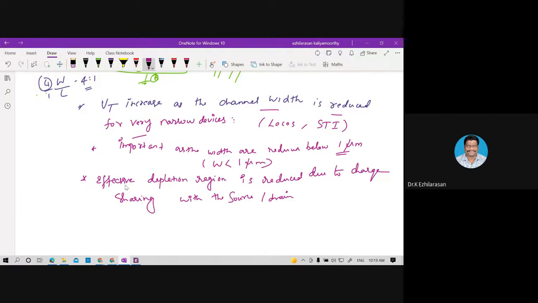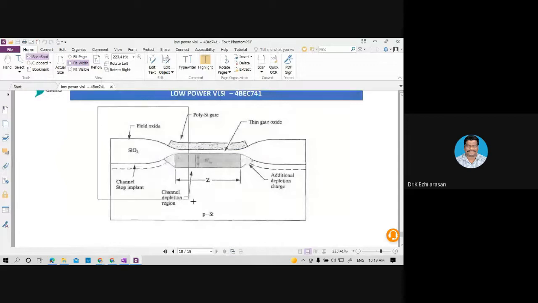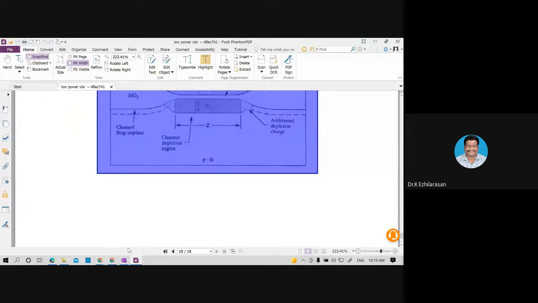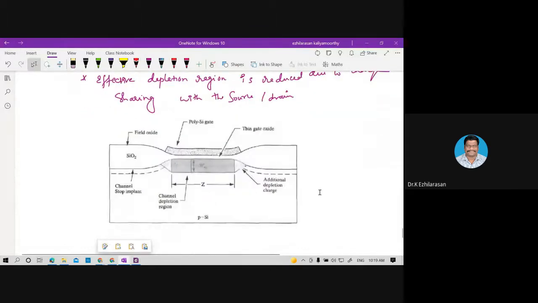So let me show how the diagram will be for the narrow width effect. The diagram for narrow width effect. See here, we're showing this, which is nothing but your channel width Z. Channel width.